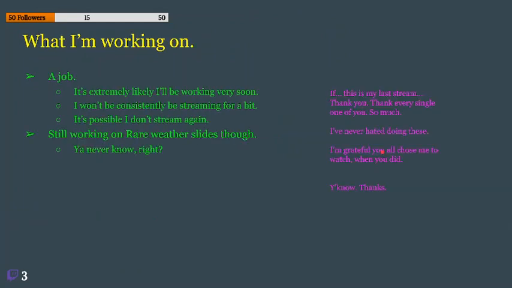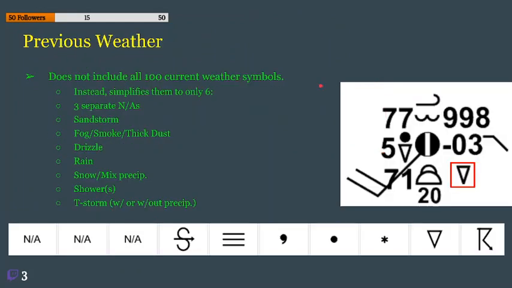This is the last one here, and it has to do with previous weather. This does not include all 100 of the current weather symbols. Instead, it simplifies them to only 6. Or sorry, 7. Yeah, 7. Had to do some quick maths there because I don't trust myself. And I'm bad at math, as you can see, because 6 plus 3 is 9.